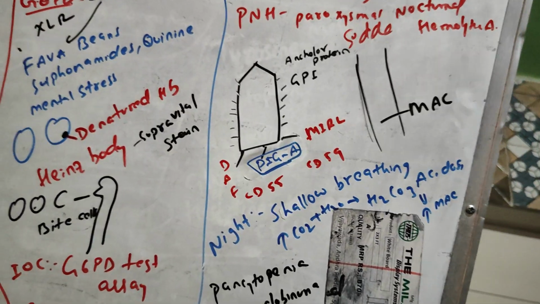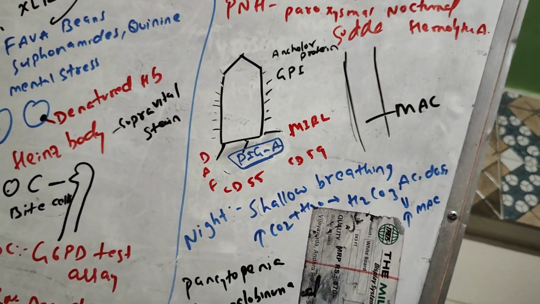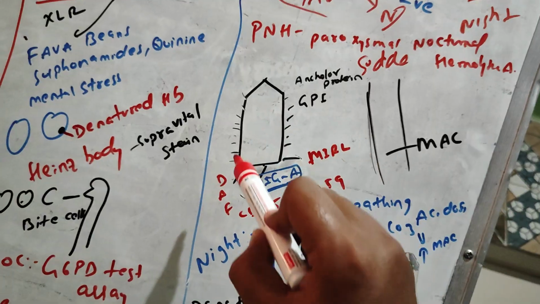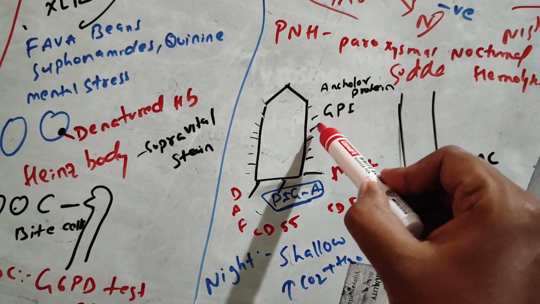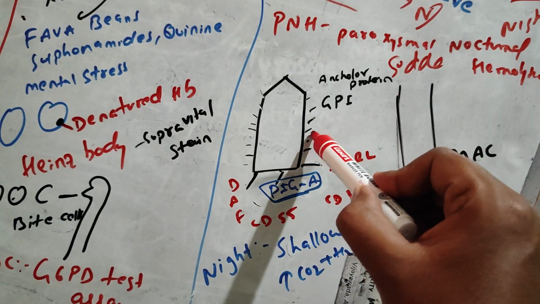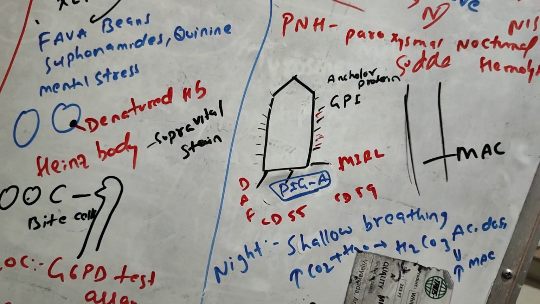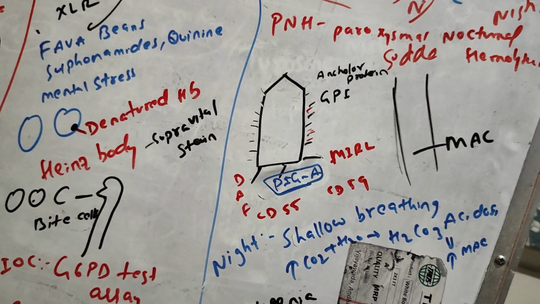See, what happens here is this is the RBC molecule. In the RBC, we have the GPI, which is an anchor protein.